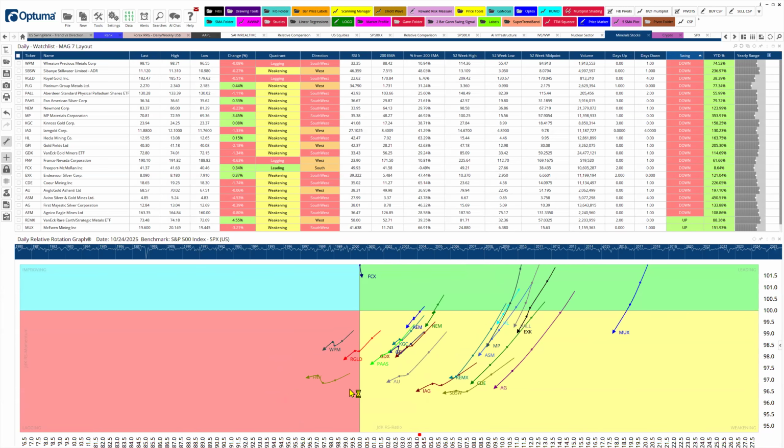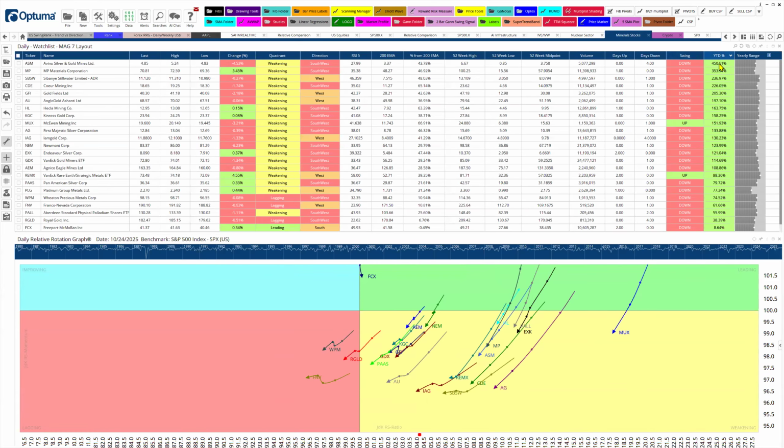Some of them just went crazy. Look at these things, man. 450% is ESM. 353 is MP. I don't even know these. I mean, I know about Freeport, but the rest of them, Newmont, I think the earnings are coming as well for the gold. Swing is down.